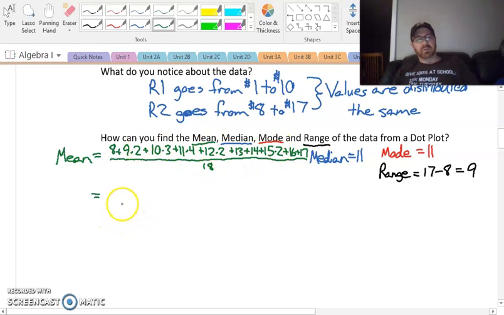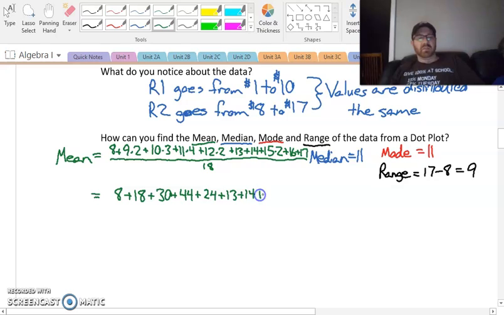PEMDAS says we multiply before we add. So we're doing 8 plus 9 times 2 is 18, plus 10 times 3 is 30, plus 11 times 4 is 44, plus 12 times 2 is 24, plus 13, plus 14, plus 15 times 2 is 30, plus 16, plus 17. Okay, and again, all of that is over 18.